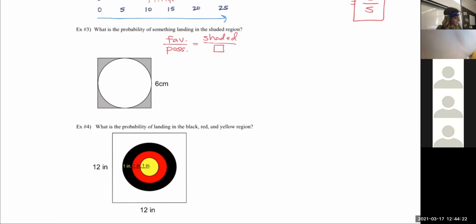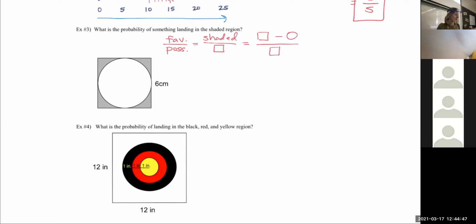So to find the shaded portion, what do we have to do? Area of what? We're going to start with square. The shaded portion will be the square minus the circle, right? That would give us the shaded part of it. So we're going square minus circle over square.